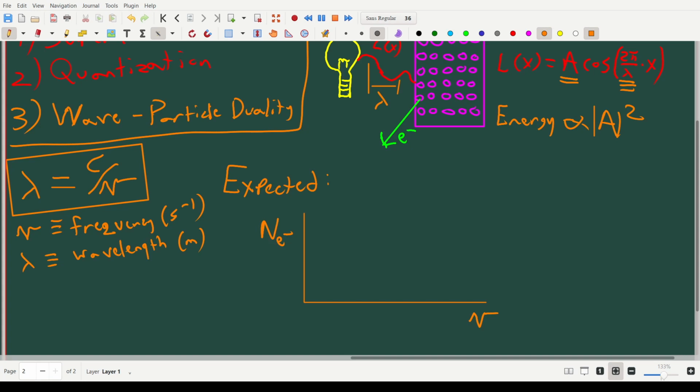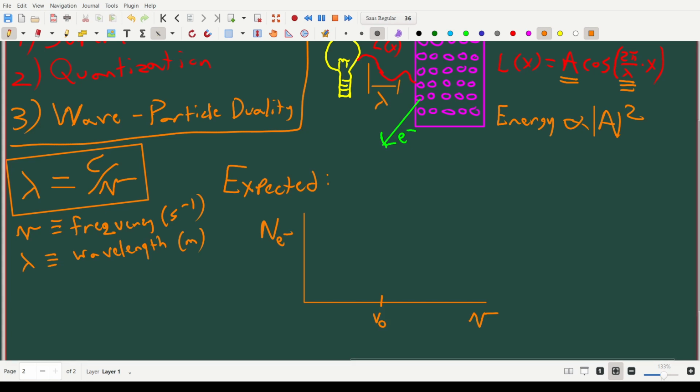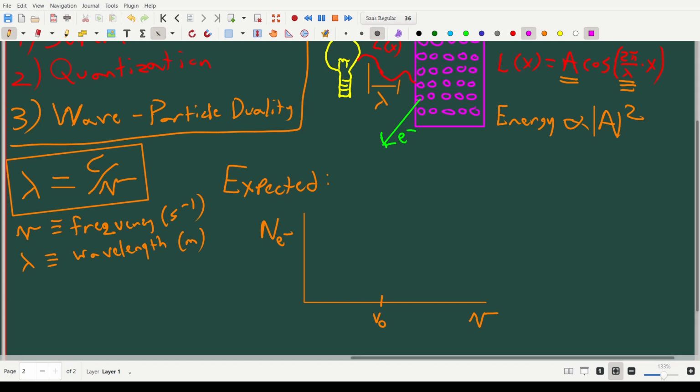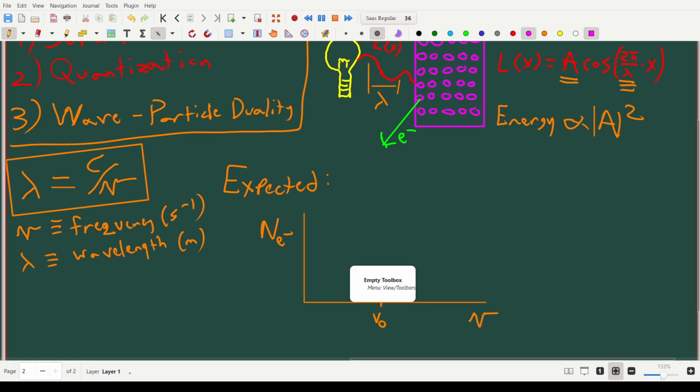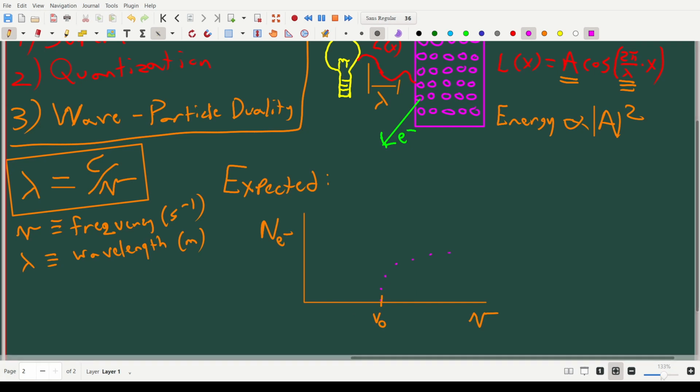All right, so what do we expect? Let's imagine that we set our light to some frequency V naught that's sufficiently high. What we expect is that as we increase the frequency, you put a little more energy into the system, and you get something that maybe looks like this. Okay?